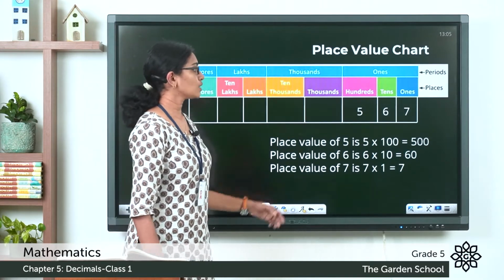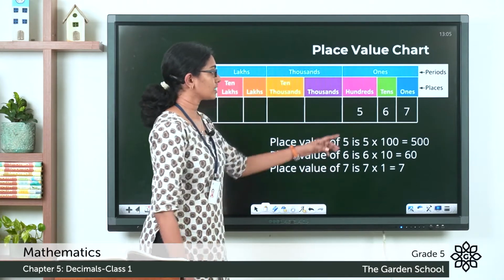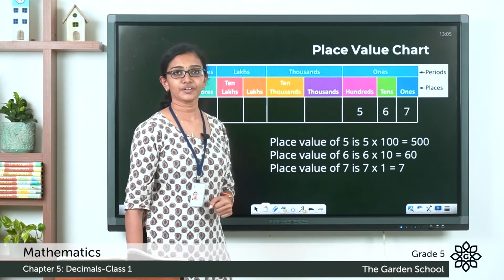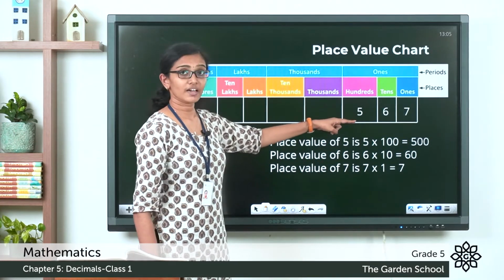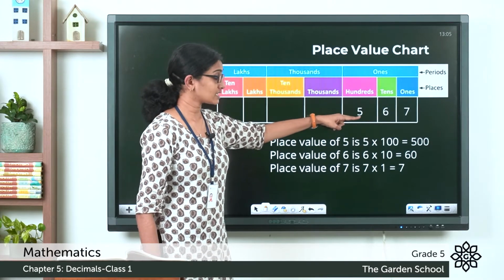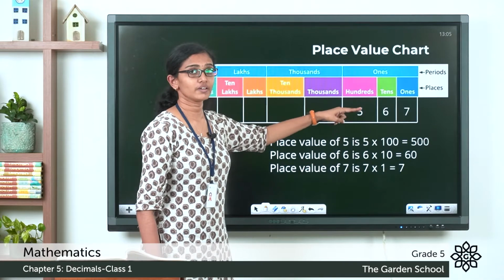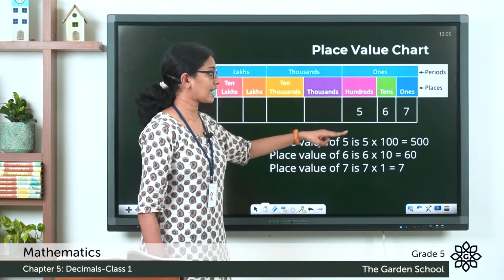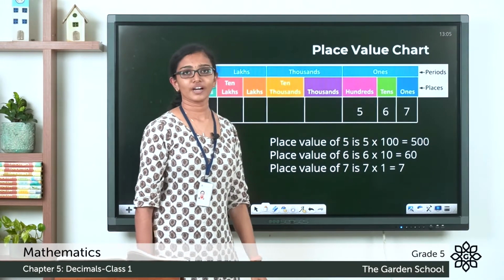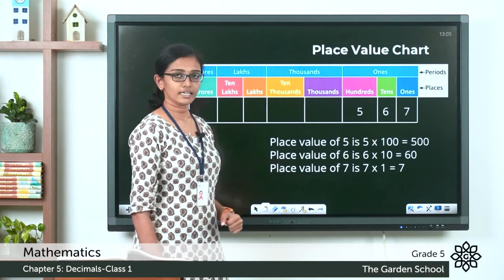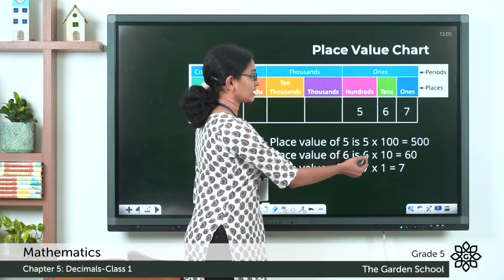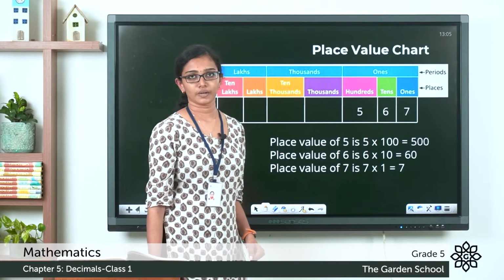So the place value of 5 is, here 5 is in hundreds place. The face value is the digit itself. So the face value is 5 and the place value of 5 is 5 into 100, that is equal to 500. Similarly, the place value of 6 here. 6 is in tens place.